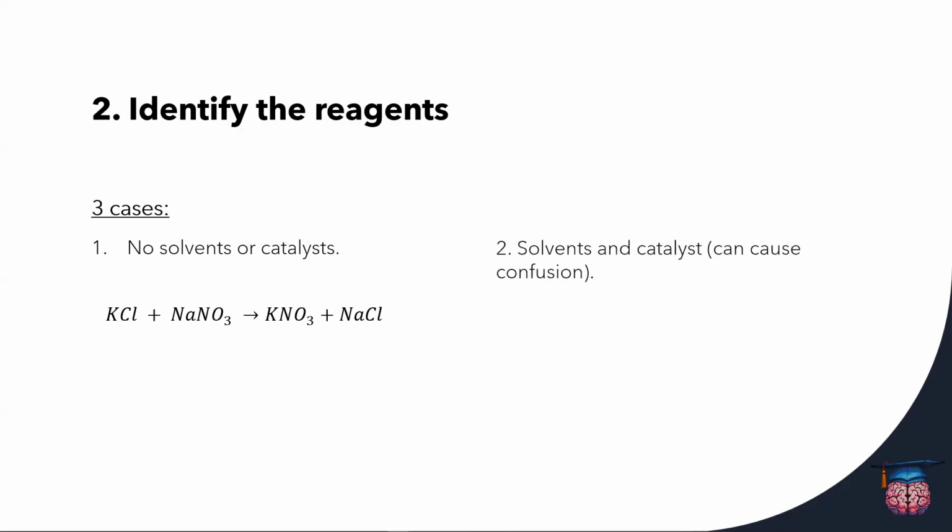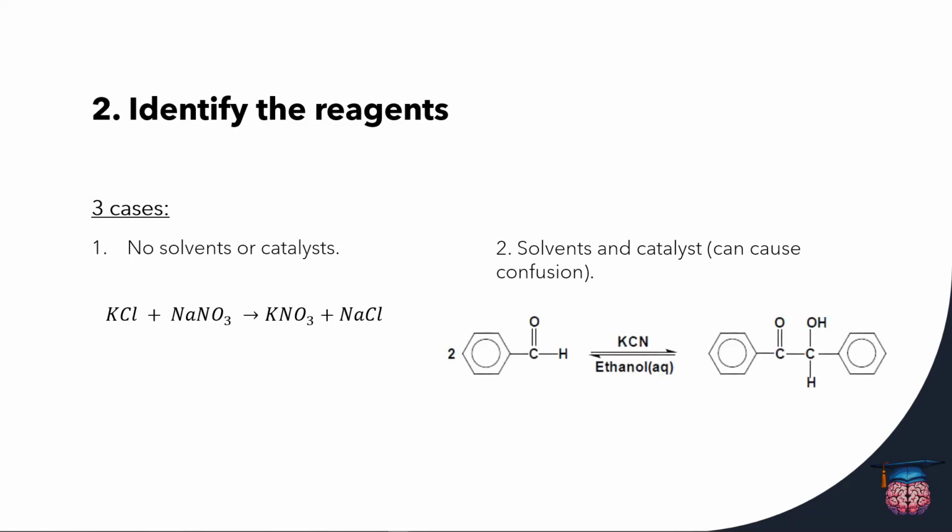On the other hand, we can also get that solvents and catalysts are added to the equation. For example, the synthesis of benzoin from benzaldehyde. Here we have the catalyst and the solvent added just above and below the arrows.